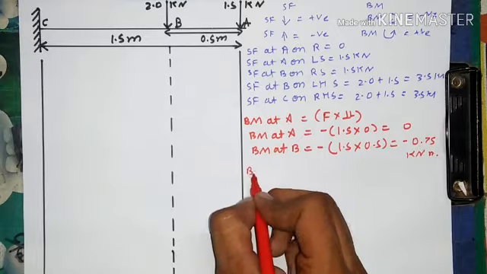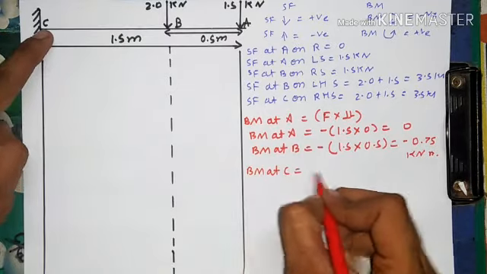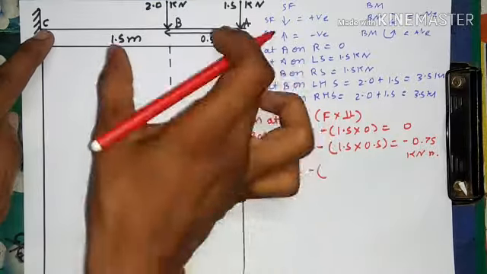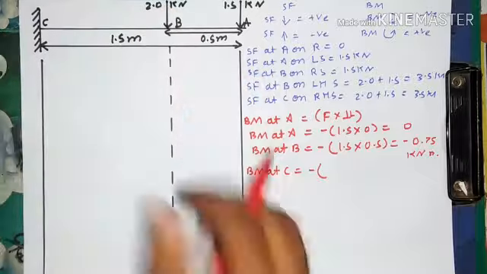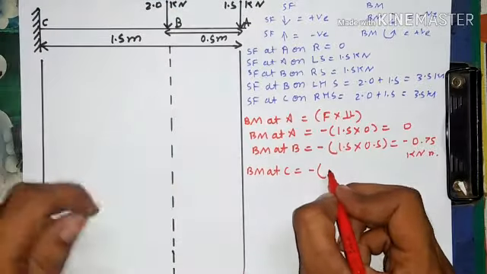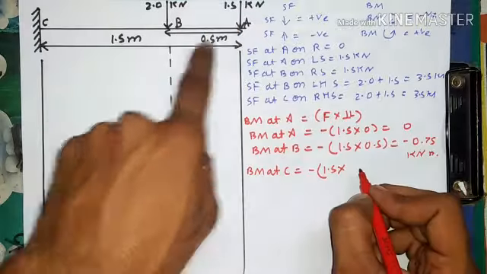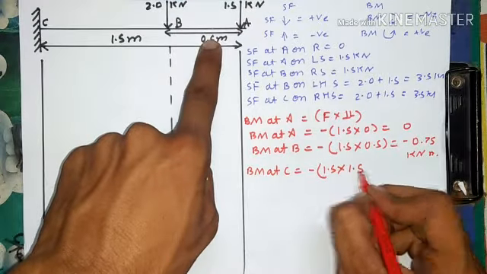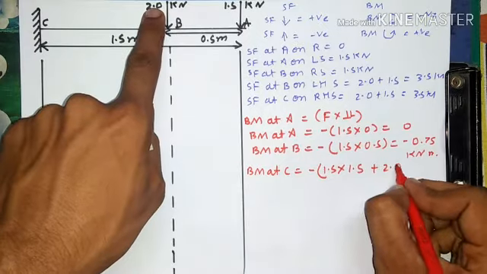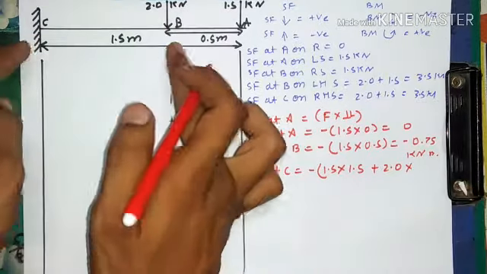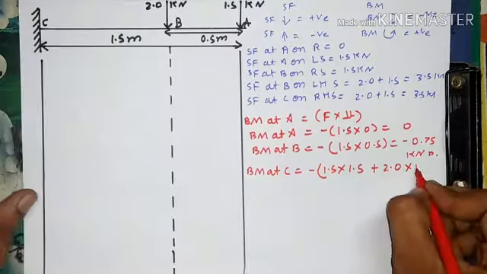Bending moment at point C is, because there is a total bending moment, 1.5 into total length 1.5 plus 2.0 into 1.5 minus 0.5, which is 1.